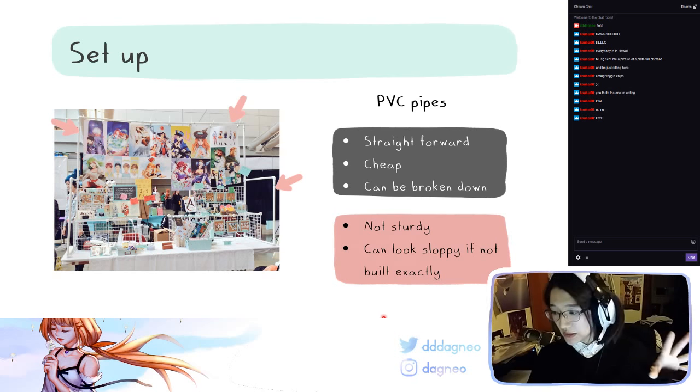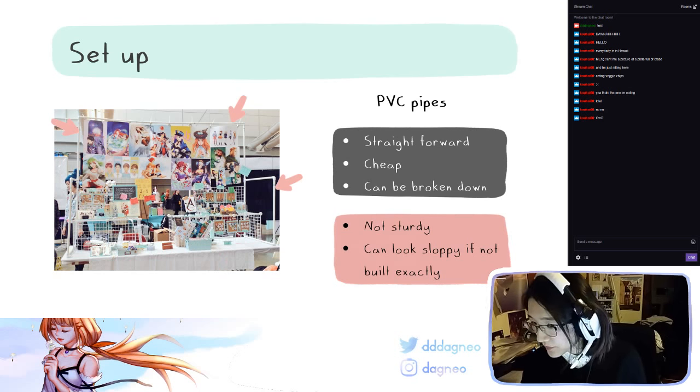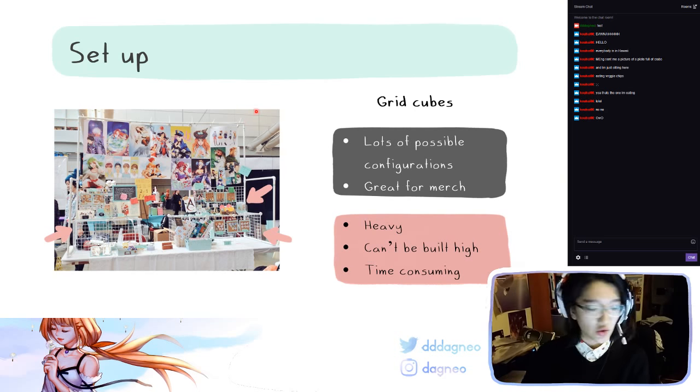I do want to also show grid cubes. So grid cubes are these mesh cage looking things where you see my smaller items here, and things like that.